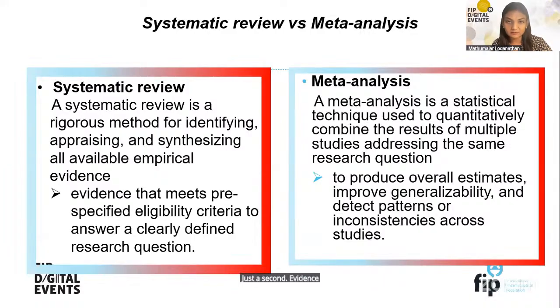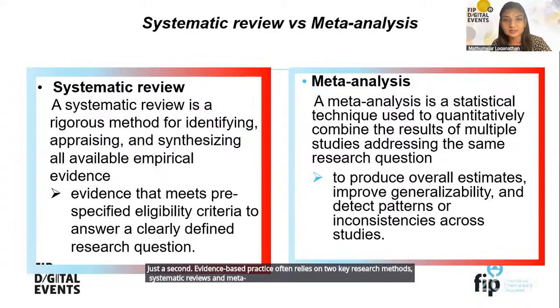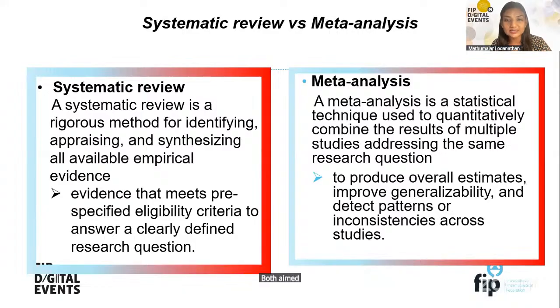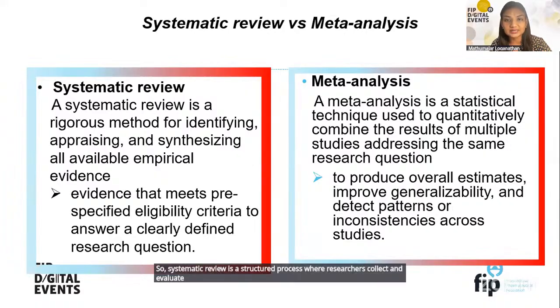Evidence-based practice often relies on two key research methods, systematic reviews and meta-analysis. Both aim to summarize existing research, but they do so in distinct ways. A systematic review is a structured process where researchers collect and evaluate all relevant studies that meet predefined criteria.